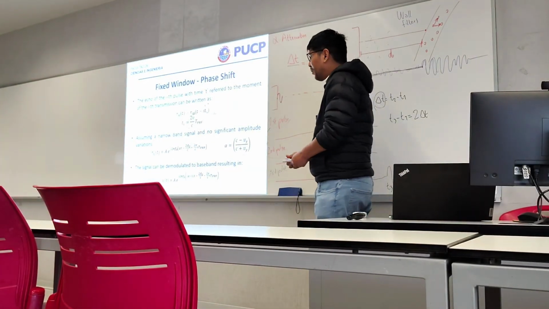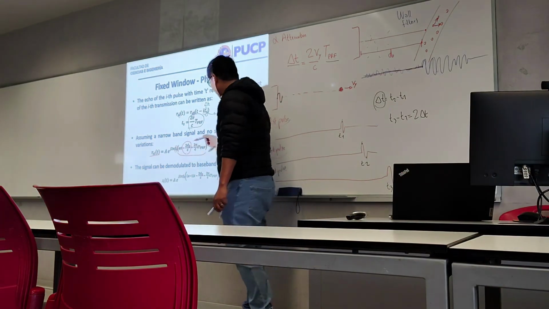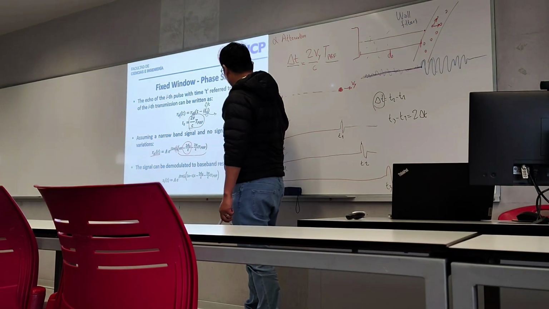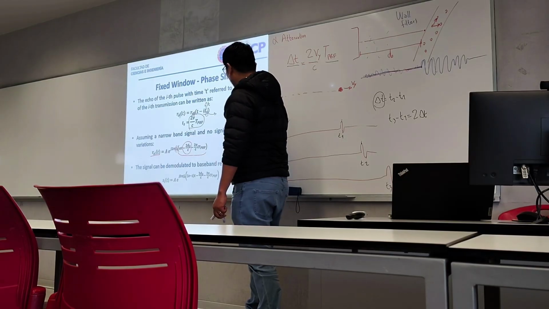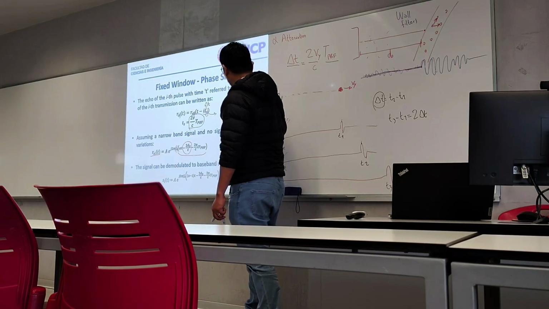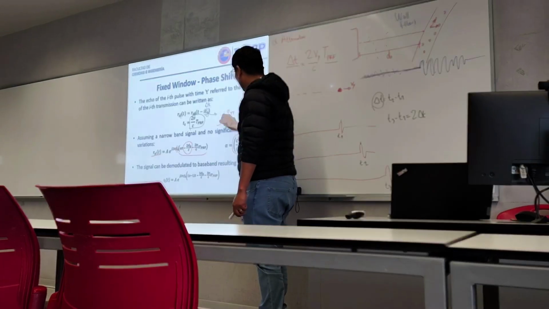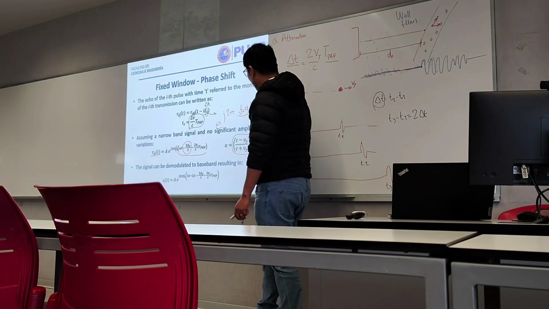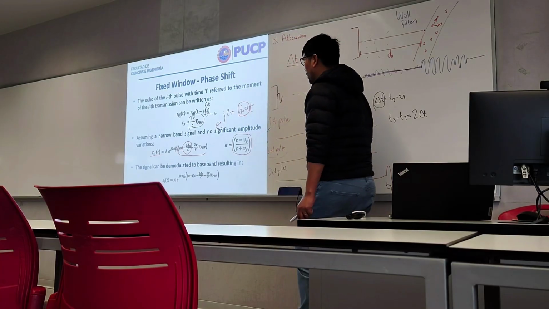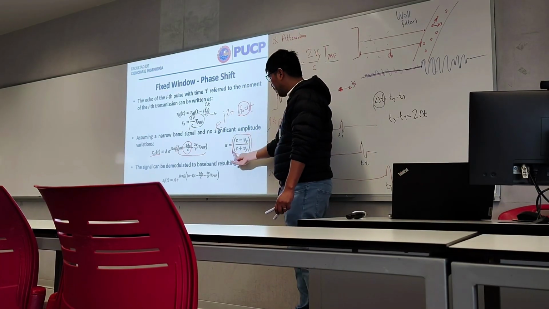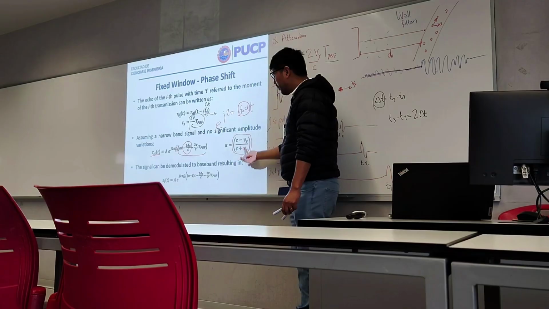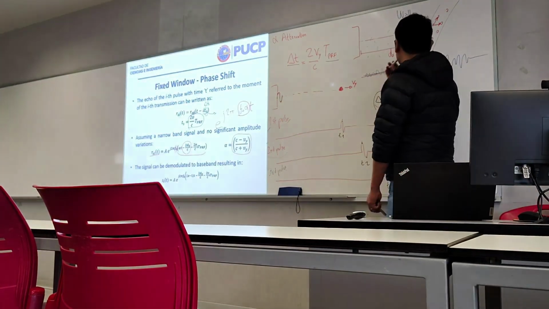But if the particles are moving, the frequency is F0 times alpha, right? Like e to the 2 pi j F0 alpha times t. This is the main part. It means the frequency is this. So basically, it's F0 multiplied by some factor that depends on the velocity of the moving particle.